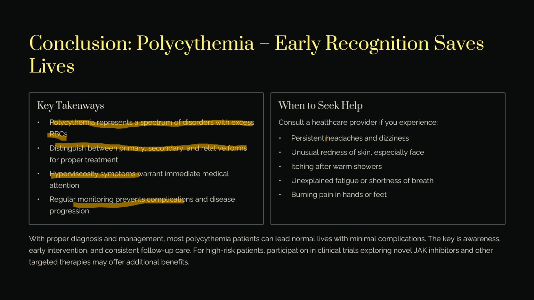If there is persistent headache and dizziness for a long period of time, one should consult the doctor. If there is unusual redness in the skin, itching after warm showers, unexplained fatigue or shortness of breath, burning pain in the hands and feet, these are all indications that a person should go to the doctor to consult about whether the person is suffering from polycythemia or not.